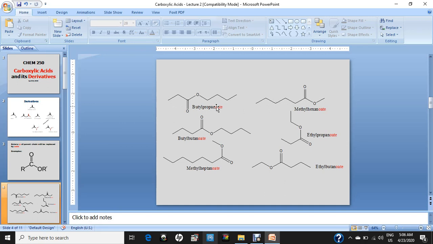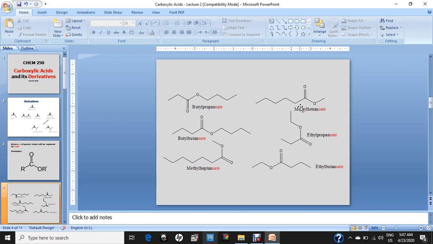Deliberately I have given this first example like this, so that it will be clear to you. We don't have to count this chain. You just focus on the oxygen. This side of the oxygen will not be considered the main chain. Which will be considered the main chain? The one with the carbonyl carbon. This 1, 2, 3, and here 1, 2, 3, 4: butyl propanoate.